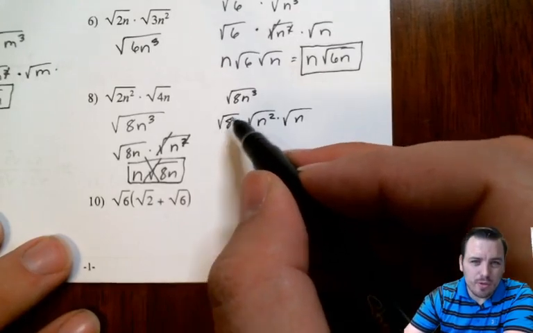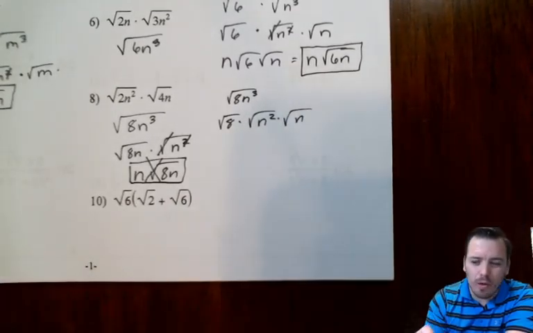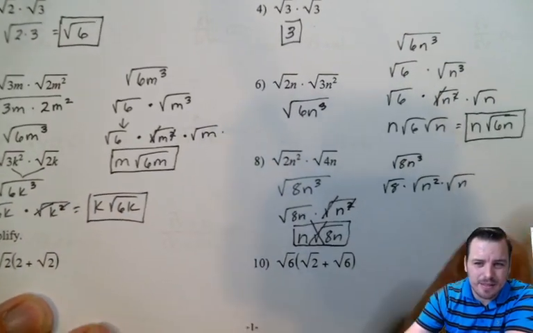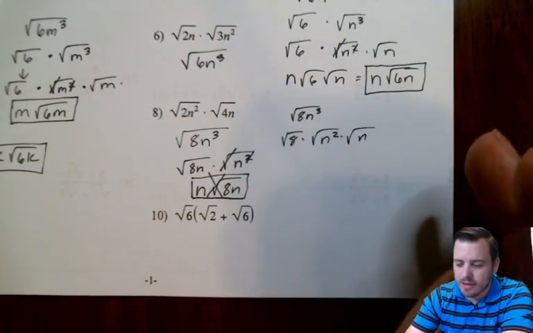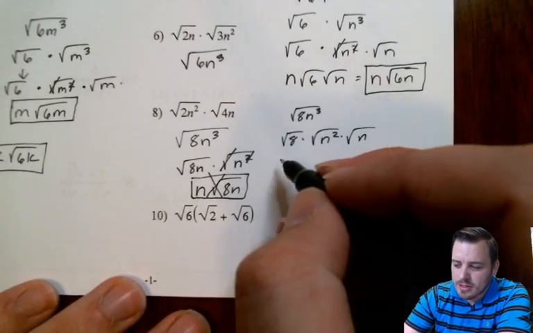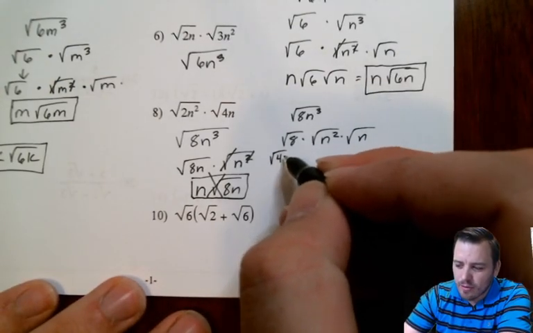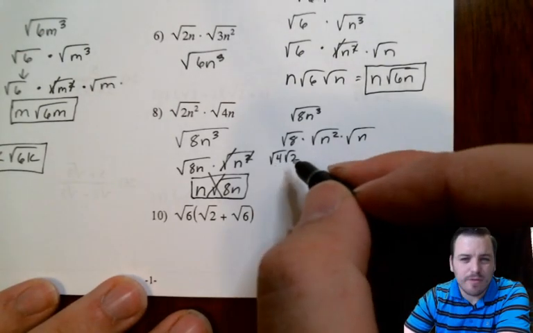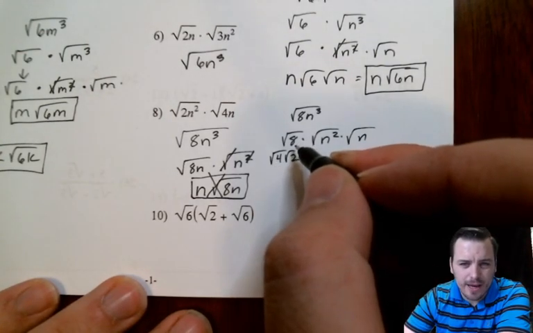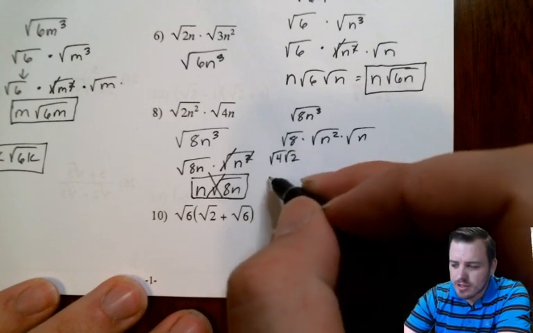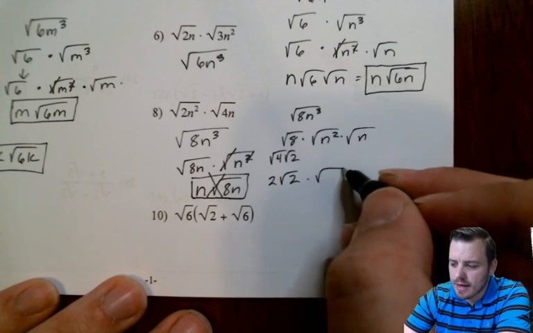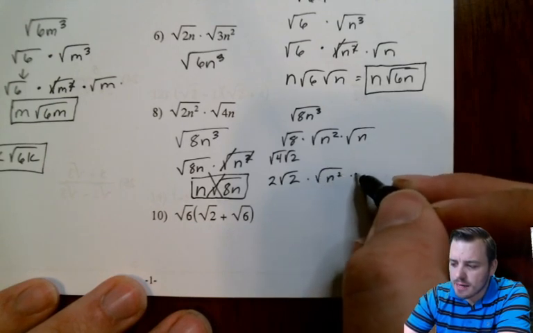So you have to be careful and watch for it. Notice that 5, 6, and 7 all had 6, and 6 can't be simplified. So be careful. Don't let that catch you like it almost caught me. So that can be broken down into radical 4, radical 2, because radical 4 times radical 2 is radical 8. So then we say 2 radical 2 times radical n squared times radical n.